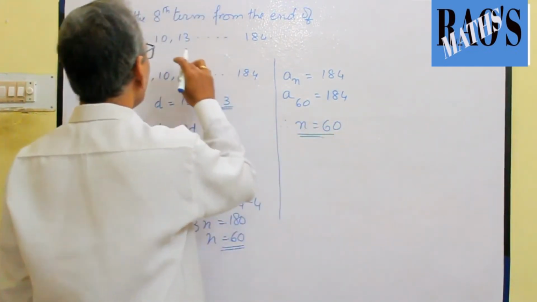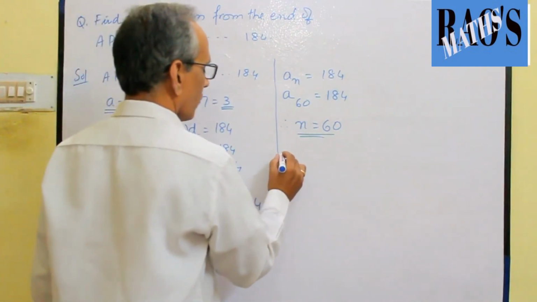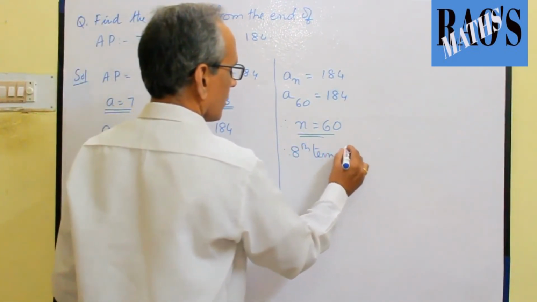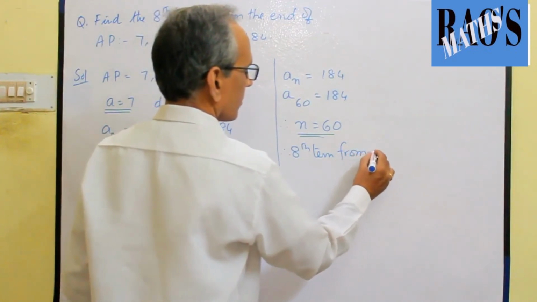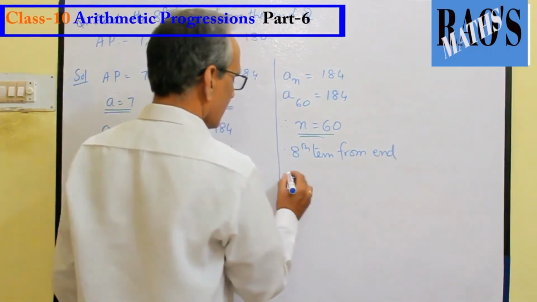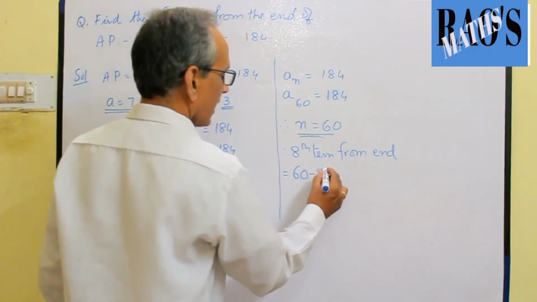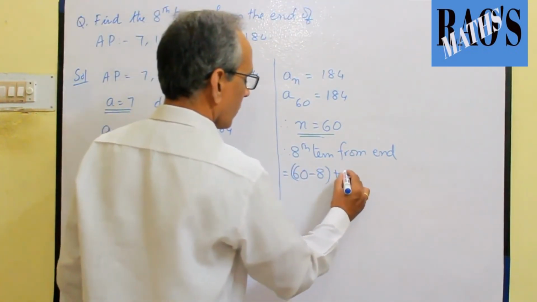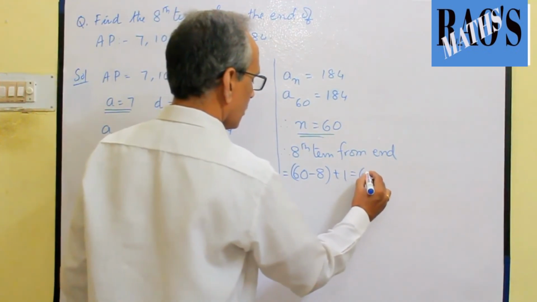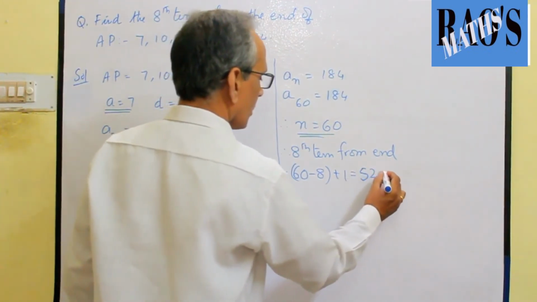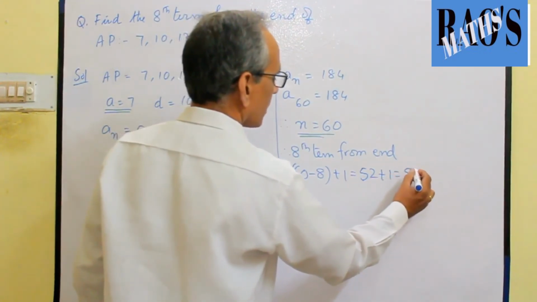Now the 8th term from the end is equal to 60 minus 8 plus 1, that is 52 plus 1, the 53rd term.